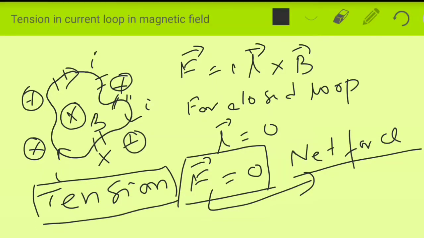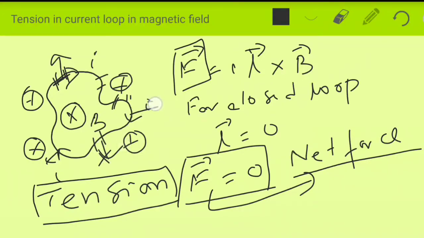Now let us first see what happens when this force acts on the small elements, the force on a current carrying conductor. If you observe the direction of the force for each small element and apply Fleming's left-hand rule, the force will act in the outward direction at each point.